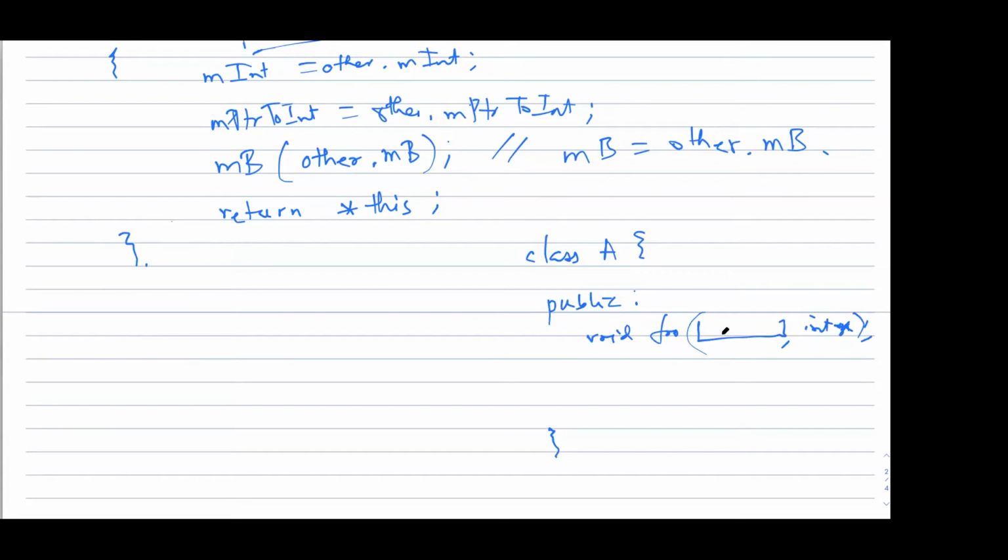And that is the this pointer. The invisible parameter that is always existing, it goes like this. It's going to be of type A, but notice it's going to be the A star const this.